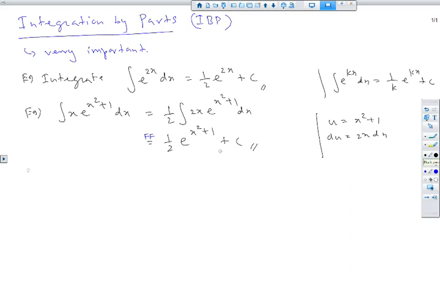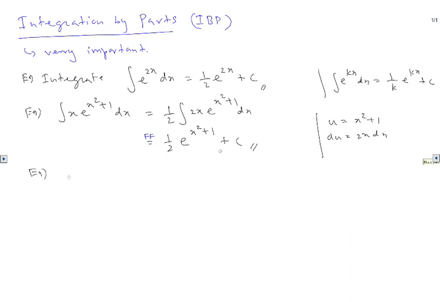Let's make the problem look a little easier. We had x e to the x squared plus 1. Instead, let's say x e to the x dx. How about that? Now you can see that if you consider x as a function, with e to the x, the derivative of x is 1.